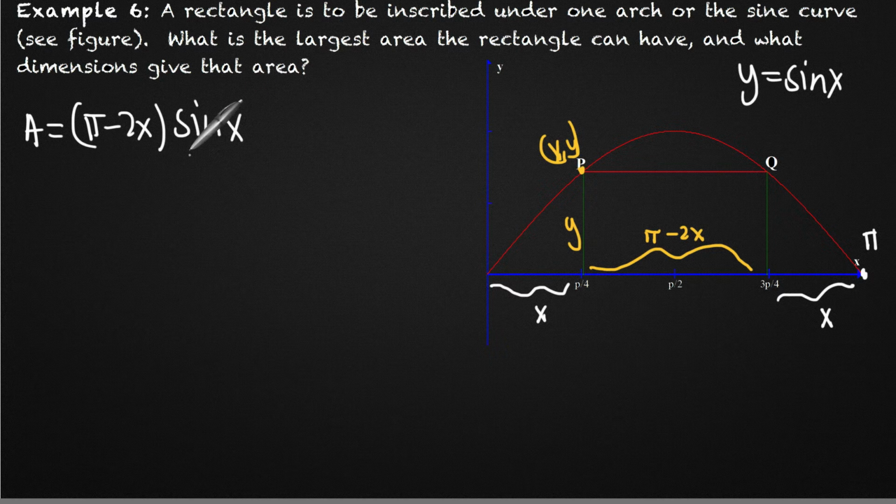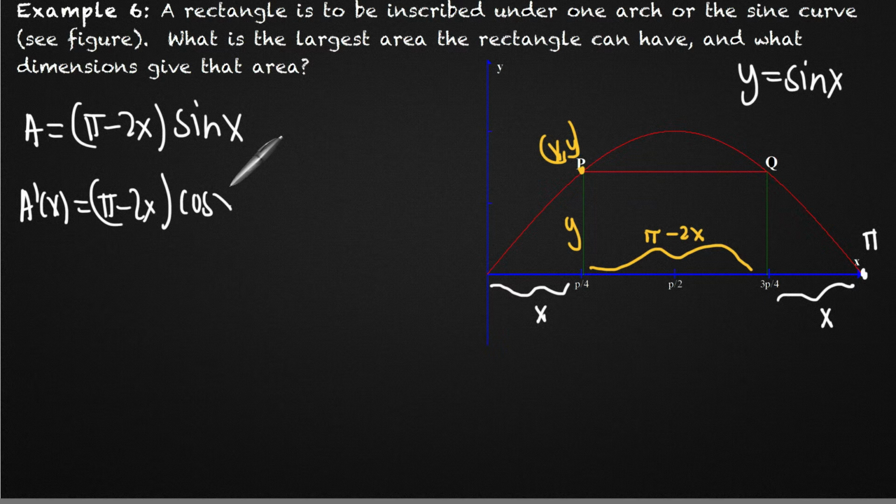Now that right there is the hardest part of the problem, getting that. Now we have to take the derivative. So A prime of x, by way of product rule, is going to be the first, which is pi minus 2x, times the derivative of sine, which is cosine of x, plus the second, which is sine of x, times the derivative of pi minus 2x, which is negative 2.